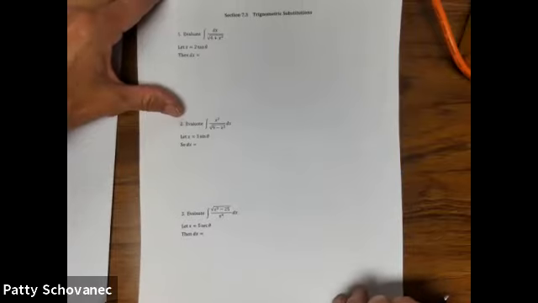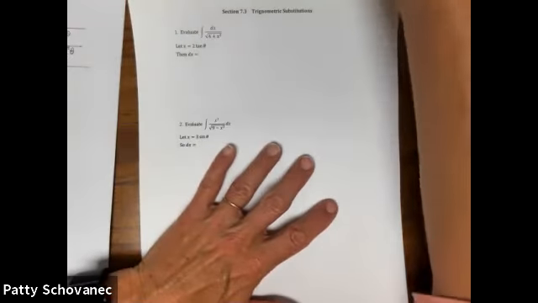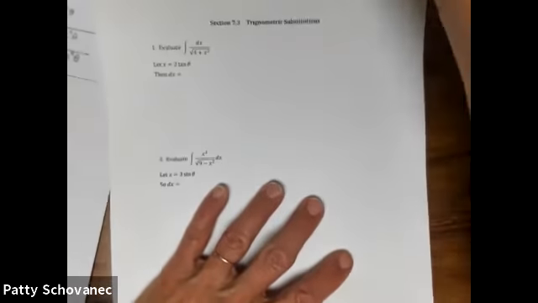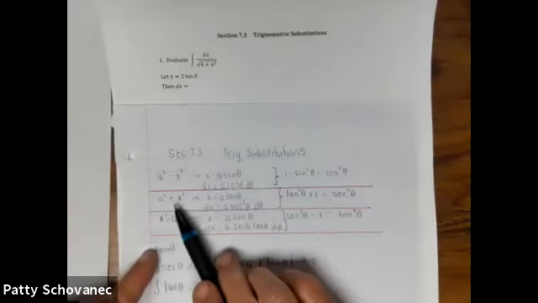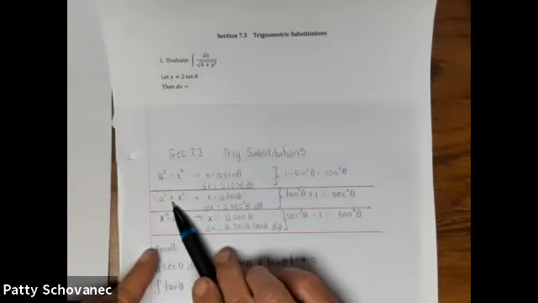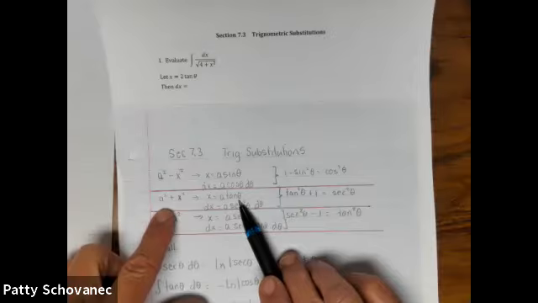So there's my sequence of integrals that I want to do, and I'll get you started out with how I want you to do these. My first one has a plus sign between the x and the number. So that's why I suggest that we use a tangent in our substitution.